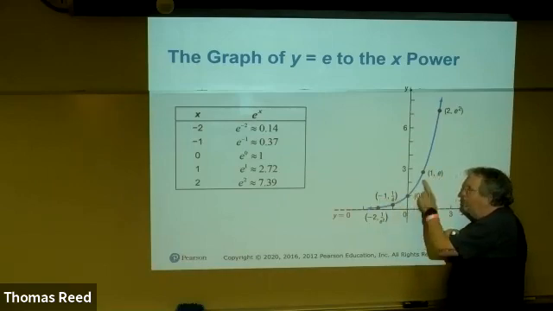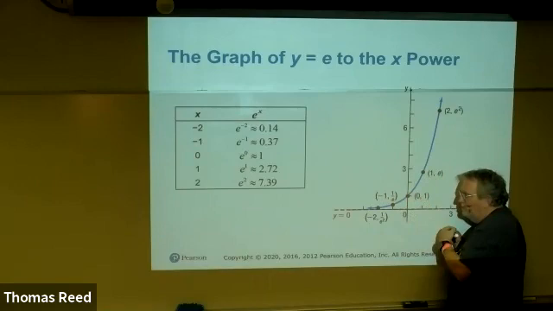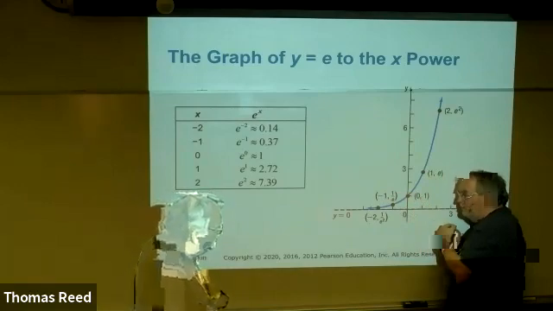So these 3 points... squared, or 1 over e, or 1 over e squared.